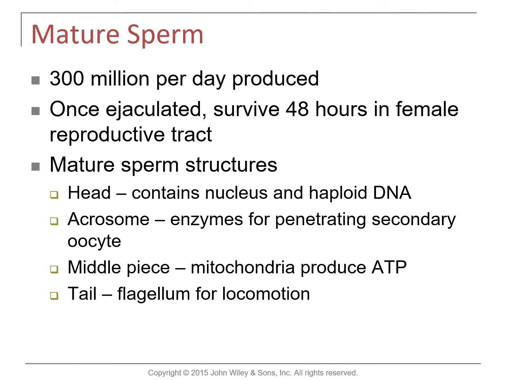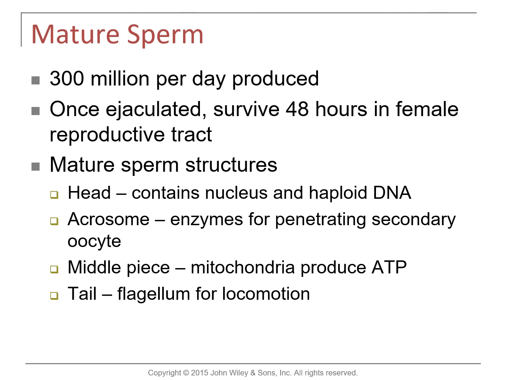The mature sperm has these regions. We mentioned the head. This is the part of the cell that contains the nucleus, as well, and most importantly, the haploid DNA, or the 23 chromosomes. Surrounding the head, protecting it, is the acrosome, and this vesicle structure also contains enzymes that break down and penetrate the protective layers around the secondary oocyte, and these enzymes are necessary to access the membrane of the secondary oocyte for fertilization.